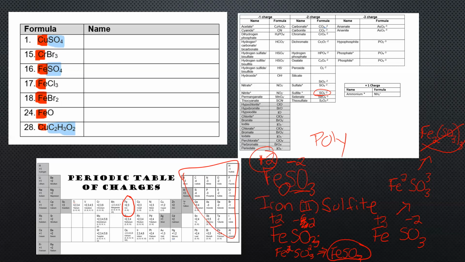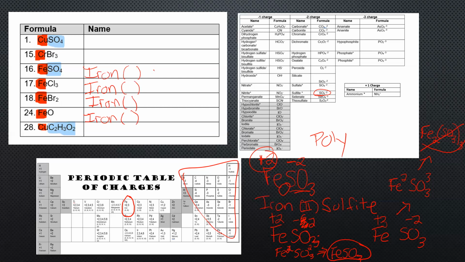It becomes a little more obvious once you get familiar with making the formulas. But if we look at 16 through 24, since those are all iron, iron only has 2 options. So we'll name the parts first, and then go through the logic steps of how we would figure out what the charge of each iron was in each case.